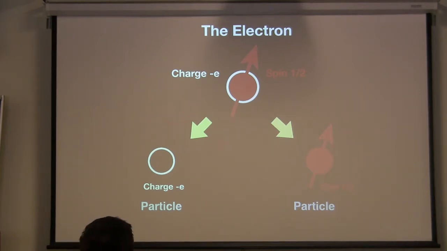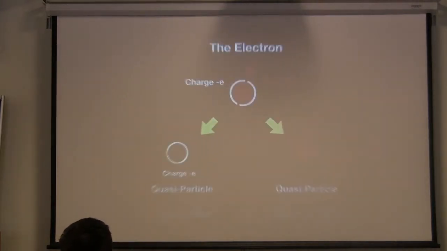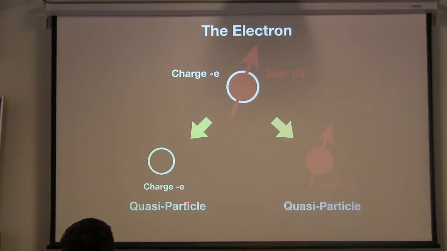And we know, of course, in free space, this is impossible with an elementary particle. But we also know now from Thierry's lecture, if you just replace particle by quasi-particle, and you do that in a solid state system, then you can actually fractionalize an elementary particle into two quasi-particles, one which carries the charge quantum number and one which carries the spin quantum number.